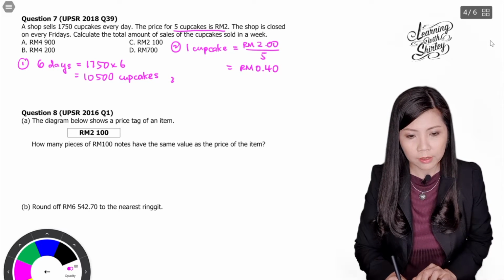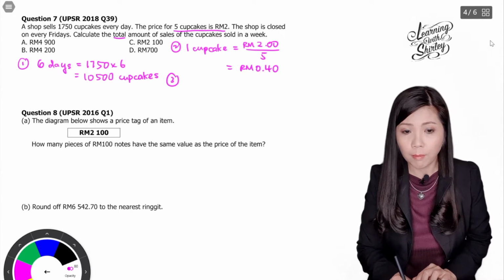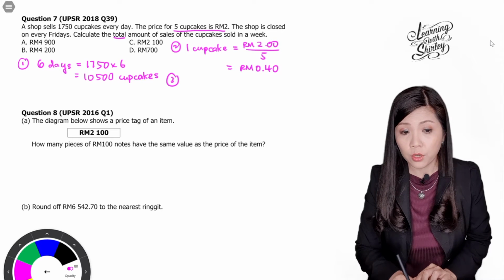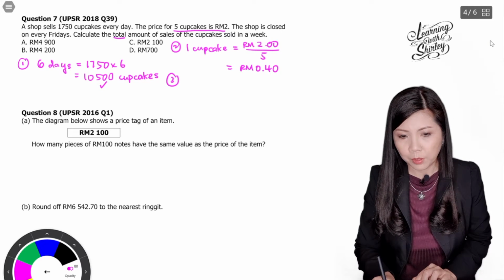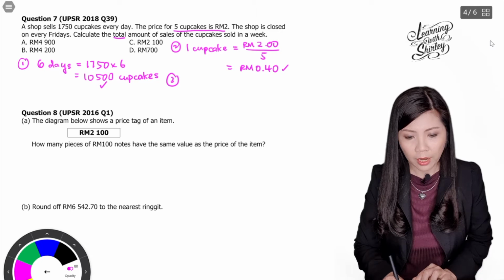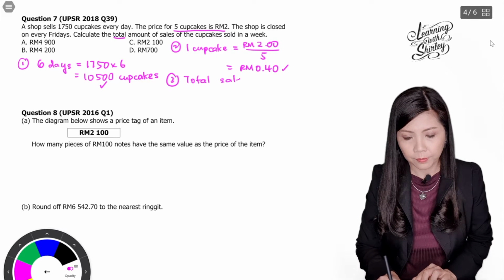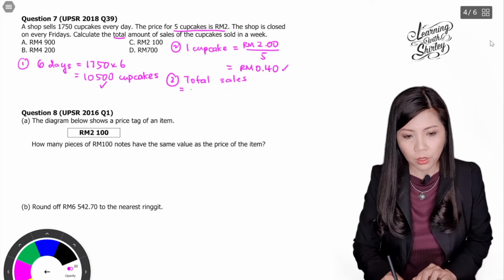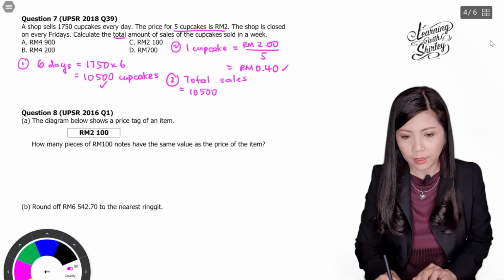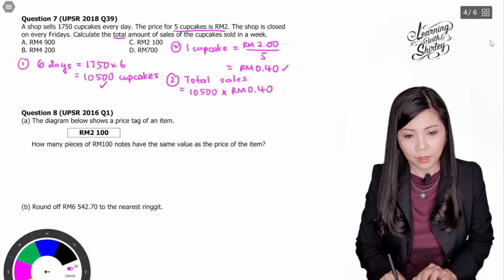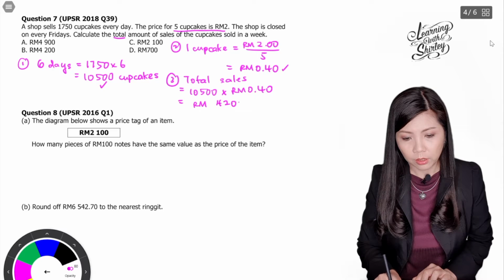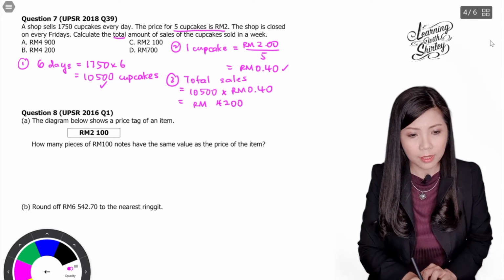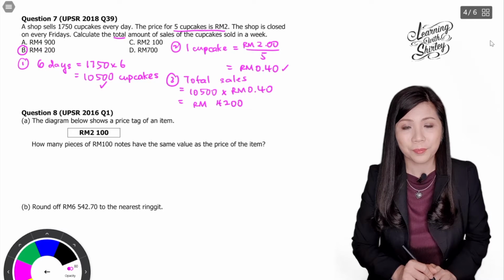Next, the third step is to find the total amount of sales, which means that I'm going to use the number of cupcakes times the price per unit. So total sales is equal to 10,500 multiplied by 40 cents. Therefore, the total sales is 4,200 ringgit, and the answer is B.